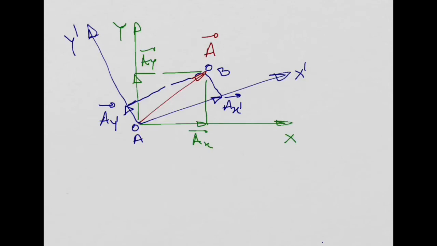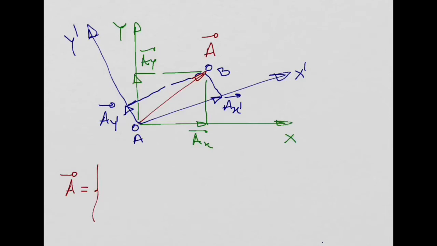Right? You see what happens? And then I can now describe this vector A in red in these two different coordinate systems. Look at this. I can say my vector A will be, I'm going to use matricial notation.